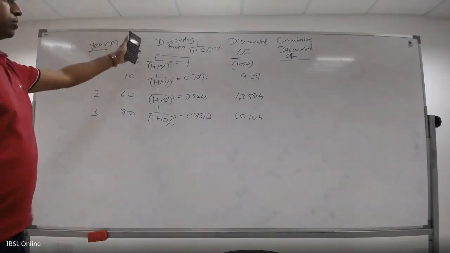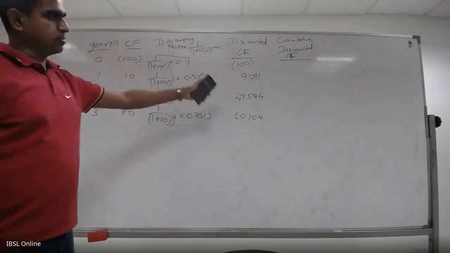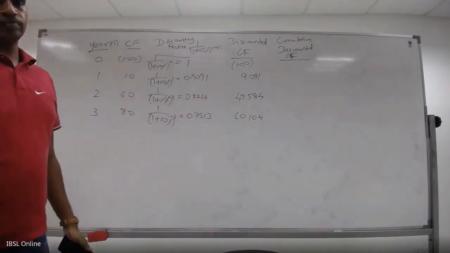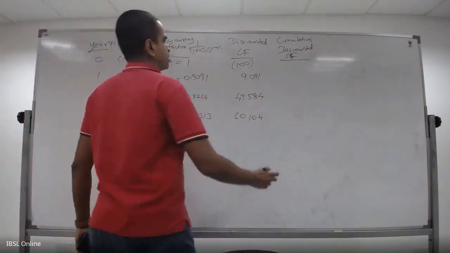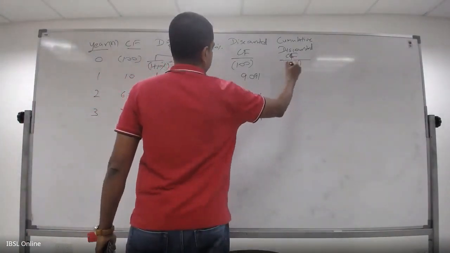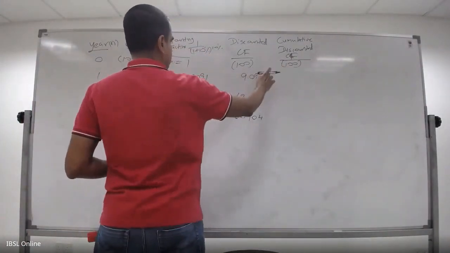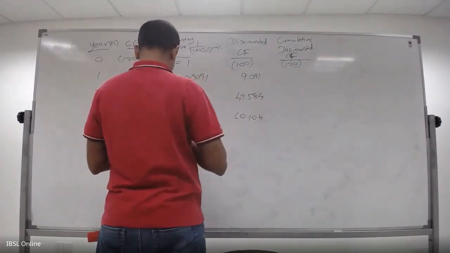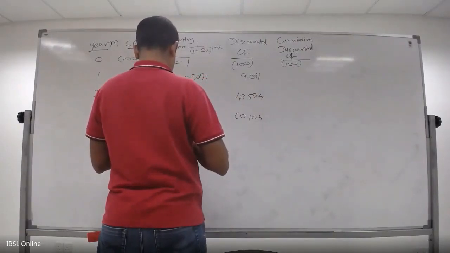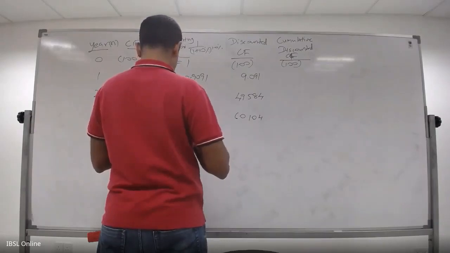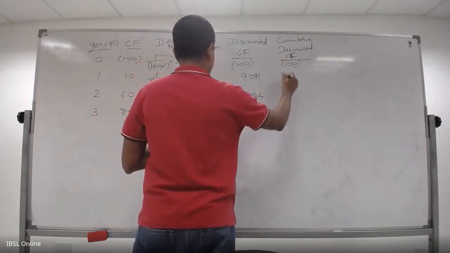Right, so you took the discounting factors, got the discounted cash flows. Now let's take cumulative discounted cash flows. Minus 100 plus 9.091.